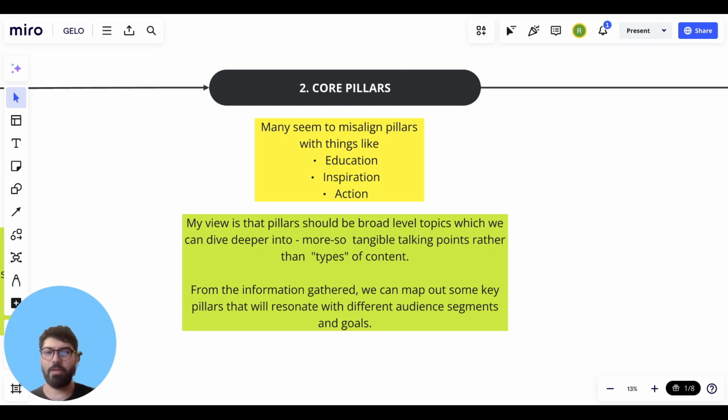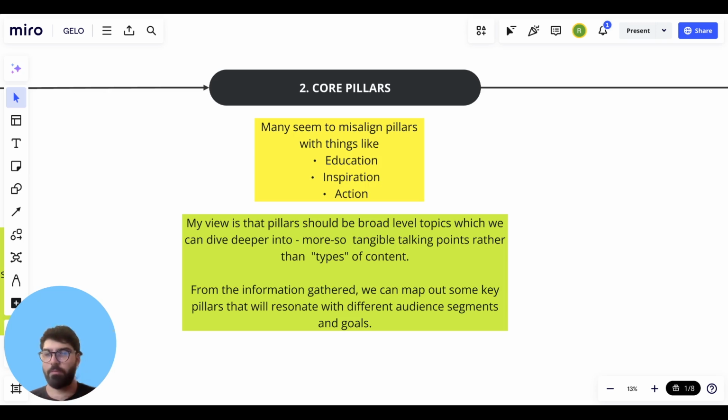Having a pillar that says education doesn't really help. I think we can include that as part of our funnel mapping, which we'll do in a second. But essentially, your core pillars should be the core talking points of the product. And then stuff like education and inspiration and action can be aligned with the marketing funnel, as I just mentioned, which we'll get onto in a second.